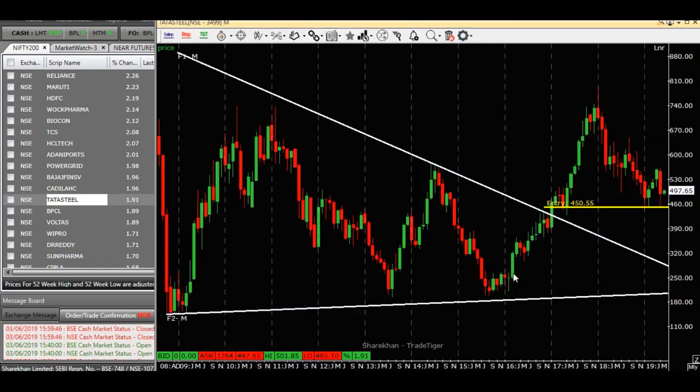Now you guys might be asking, how am I taking these entries? Right? I'm just saying that there's an entry here, enter on the breakout. Right? Now there are precise ways where we can take entries. Right? Where we get precise levels that I will enter only above or below this particular level.